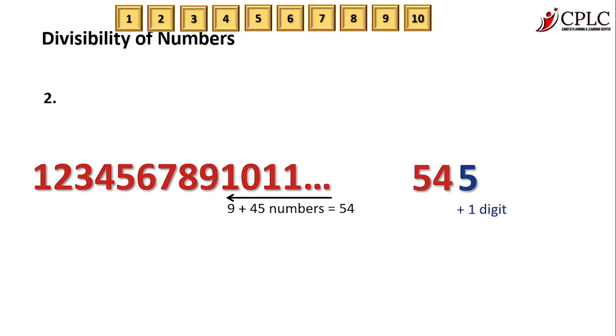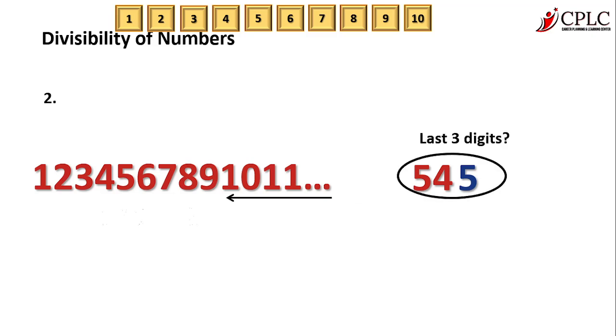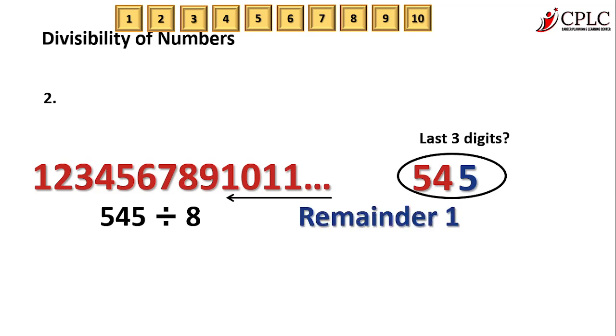So the last three digits we have figured out, 545. So if you divide 545 by 8, you get the remainder as 1, for example.